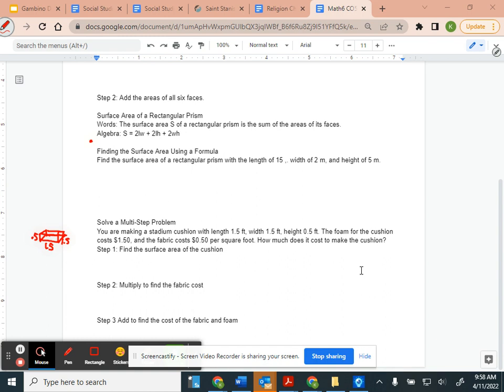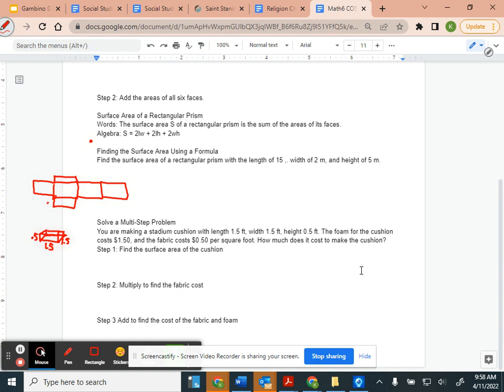Now, find the surface area of the cushion. You could make a net of it. So you could have your base with the height there. So you sure can make a net and find the area of each of your shapes here.